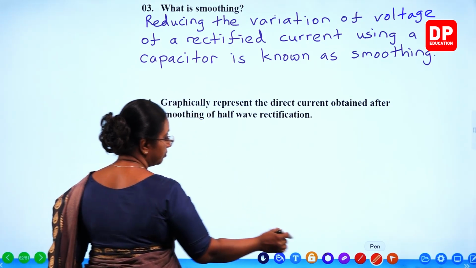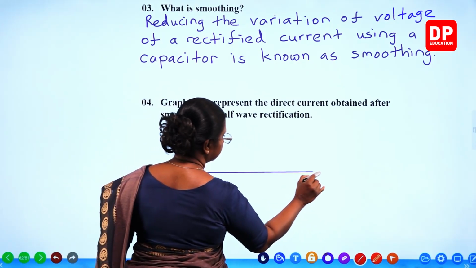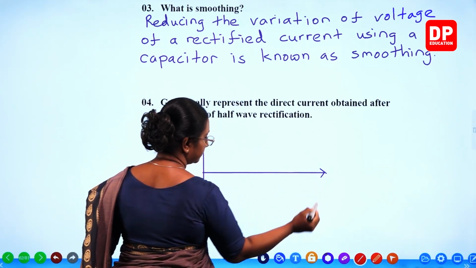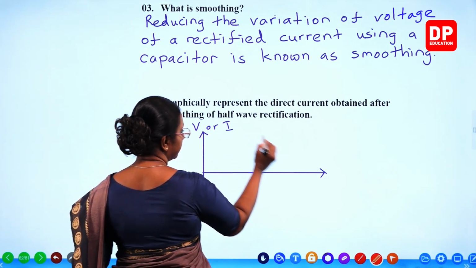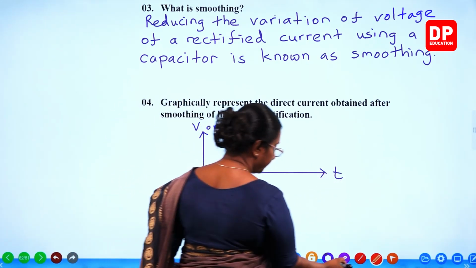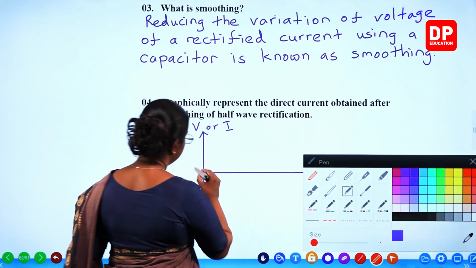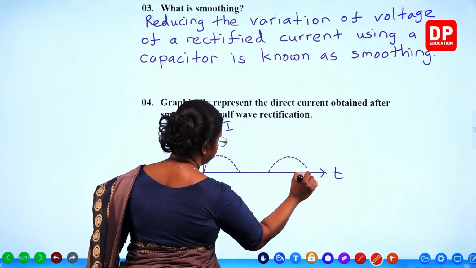So if you are to do that, this is voltage or current and that is time. Then we have the half-wave rectified current like that.